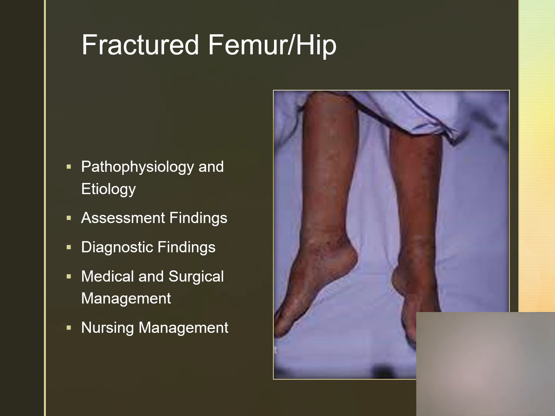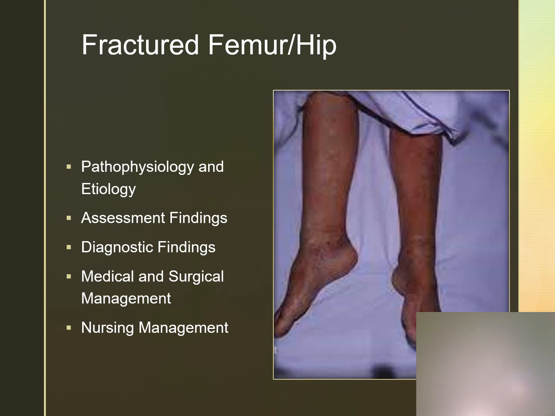A hip fracture will usually involve a fracture of the proximal end of the femur or the femoral neck. These clients often have the fracture from a fall, a bone disorder, or some other type of trauma. It does occur most often in adults that have been diagnosed with osteoporosis.